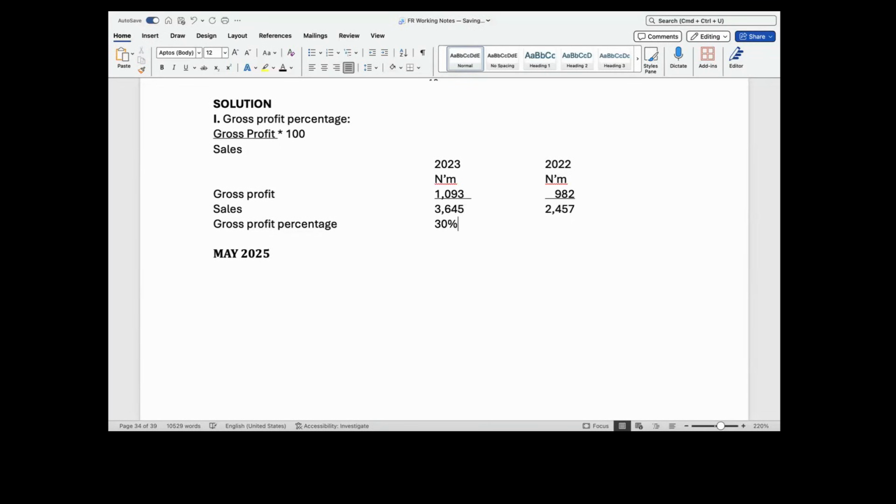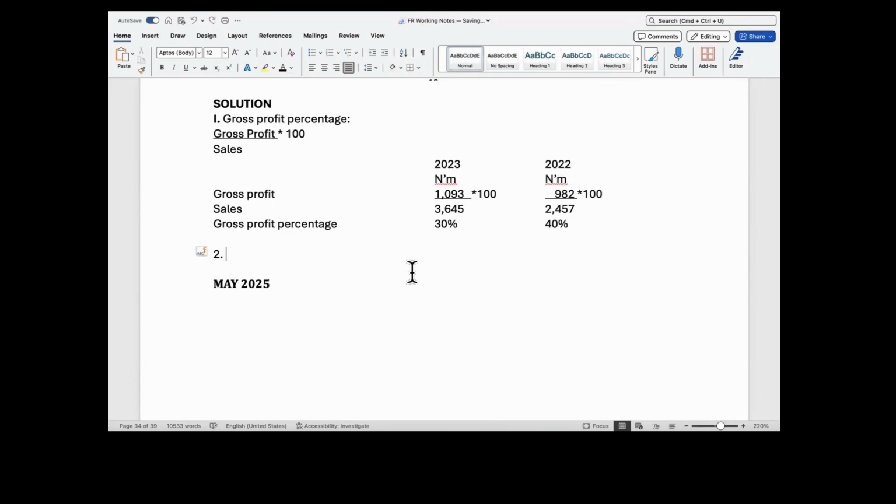Let's do 30%. How about 2022? 40%. Okay. And just multiply by 100 to avoid unnecessary complaints.